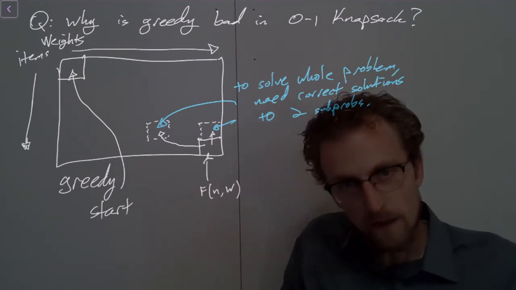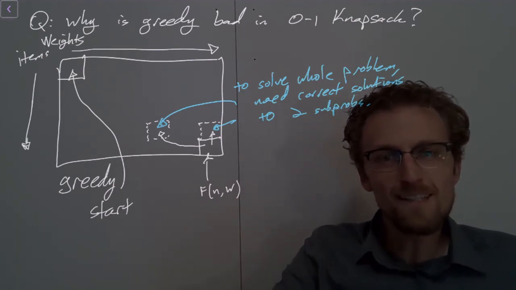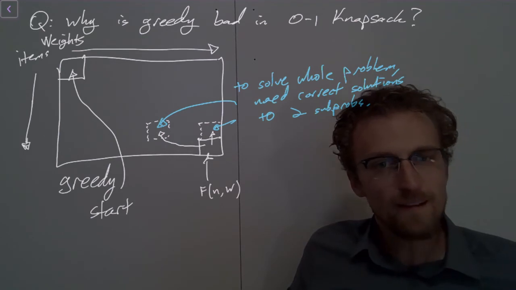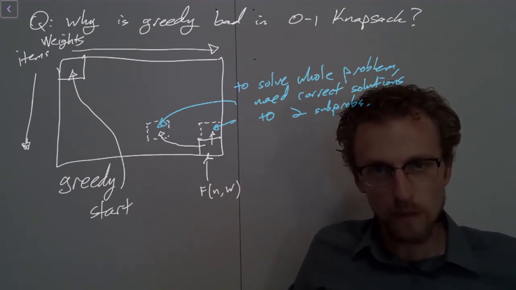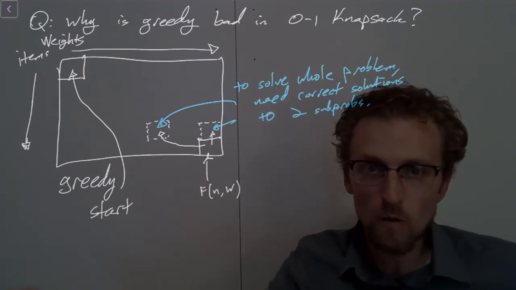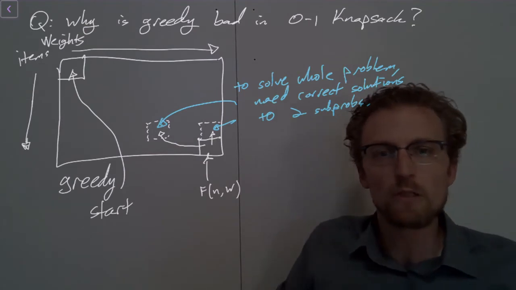So what greedy does is basically it says, I'm going to take one unique step forward and then never look back. And then when I get there, I'm going to take one unique step forward, and then I'm never going to look back. And I'm going to keep doing that until I can't take any steps anymore, and then I'm going to return a solution.